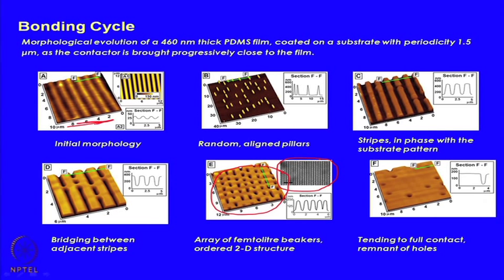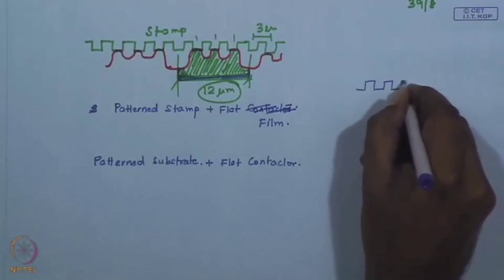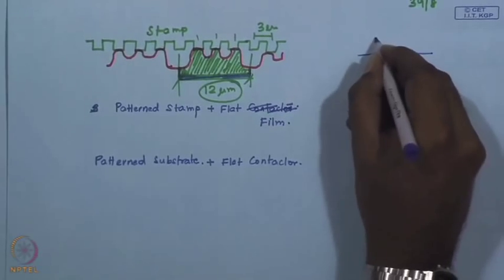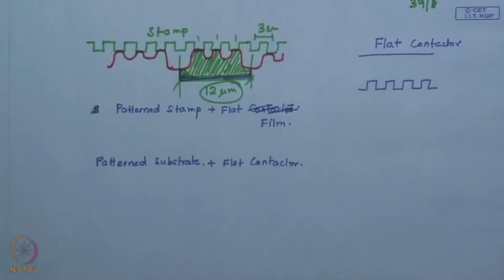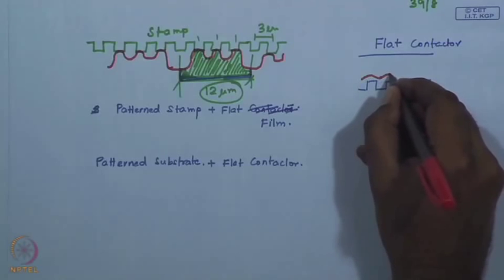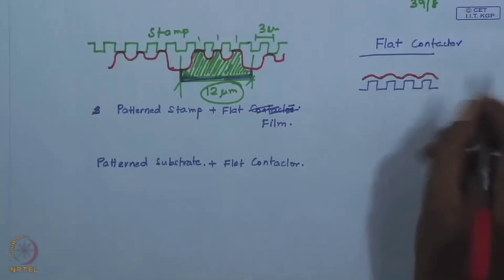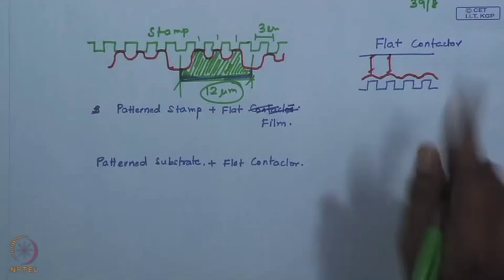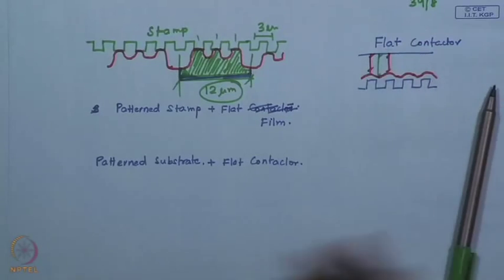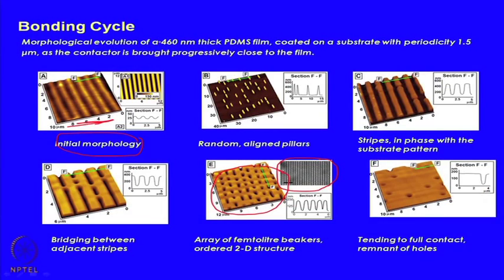This is the morphology of the initial film, and you need to understand that here you are using a flat contactor and a film with an undulating top surface. So, these zones have a preferential attraction as compared to the other zones, and therefore, it results in the formation of again aligned structures using elastic instability.